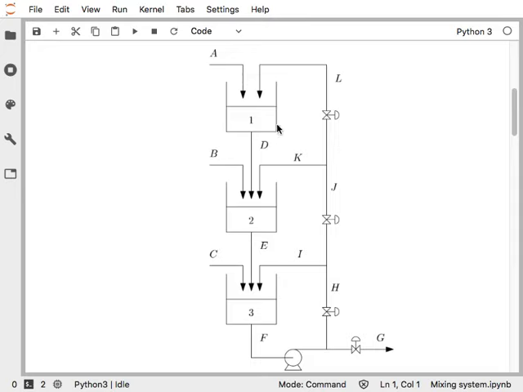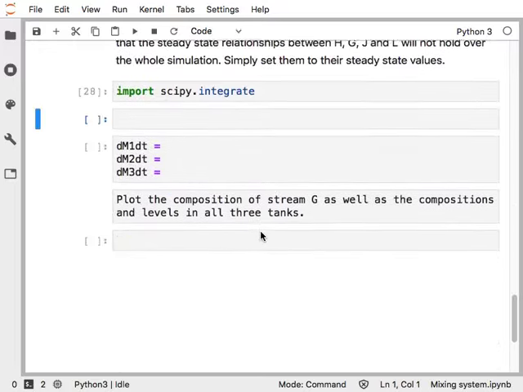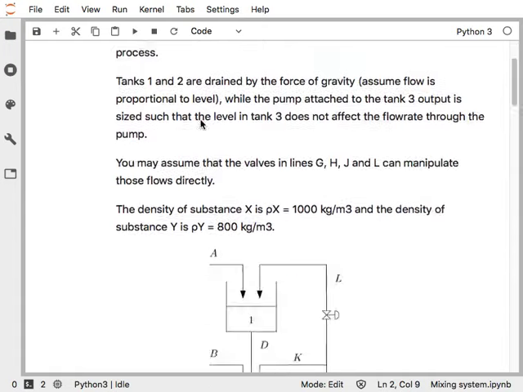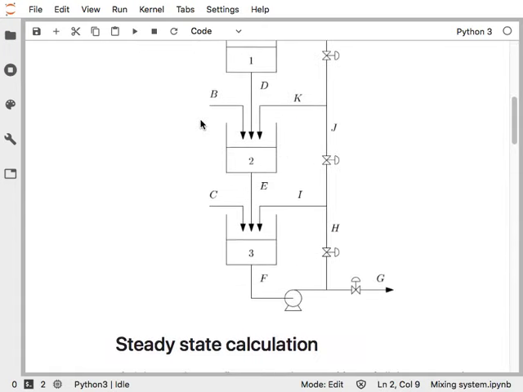So let's say dm1 dt is equal to a plus L minus d, right? dm2 dt is b plus d plus k, b d k e.